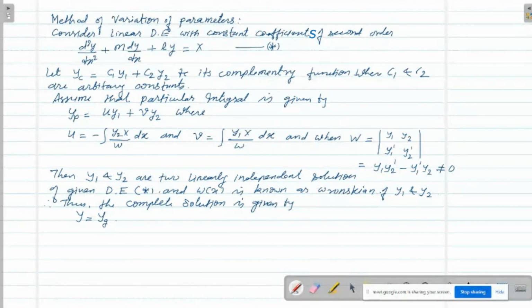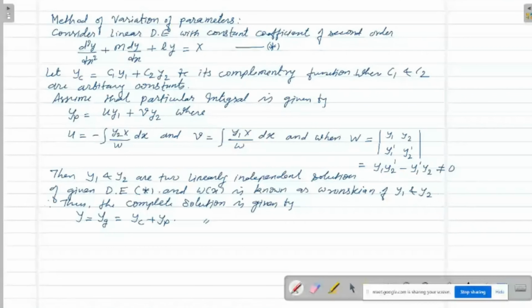Complete solution means general solution yg. So first write down yc plus yp, which is the required complete solution of the given differential equation. Okay, so this is the method for a linear differential equation with constant coefficients of second order. Similarly you can have it for third order.